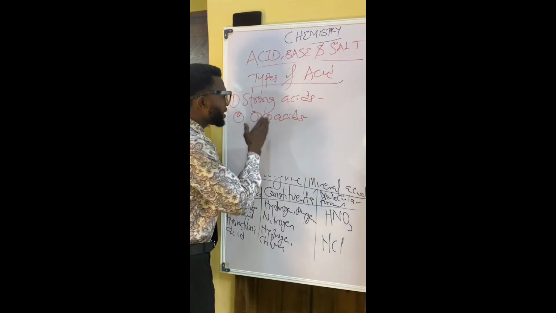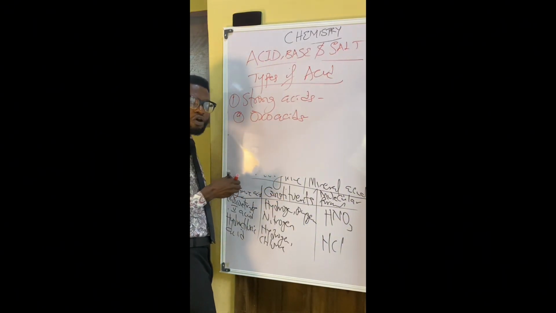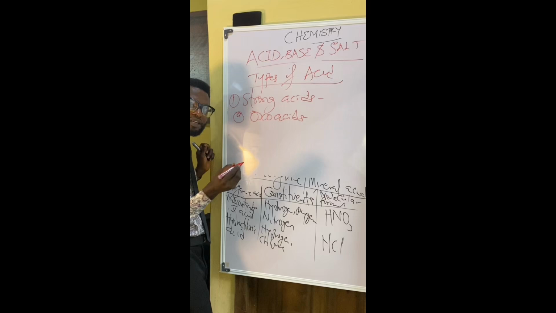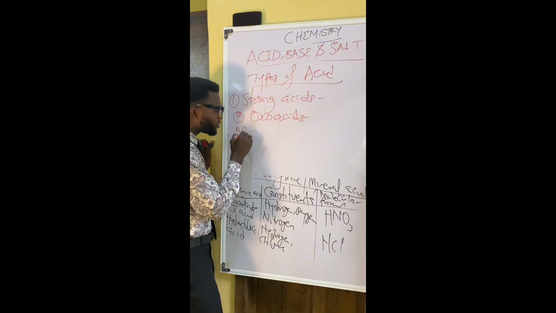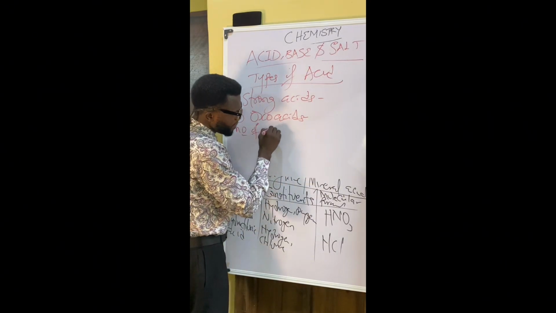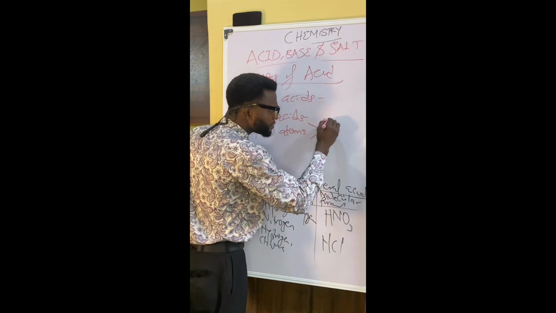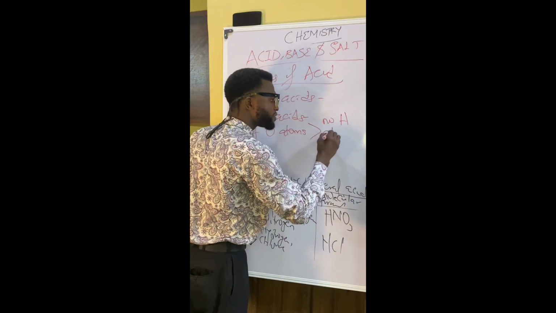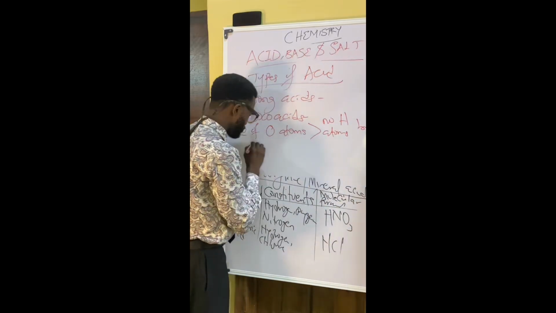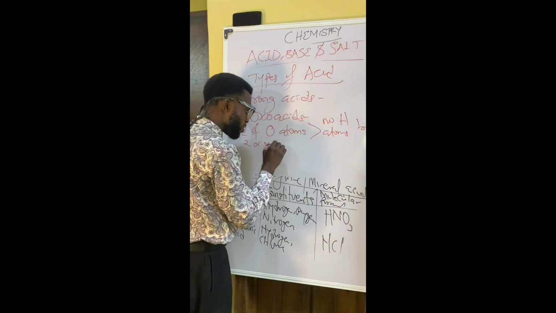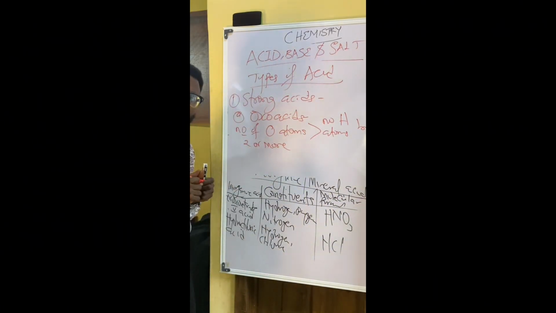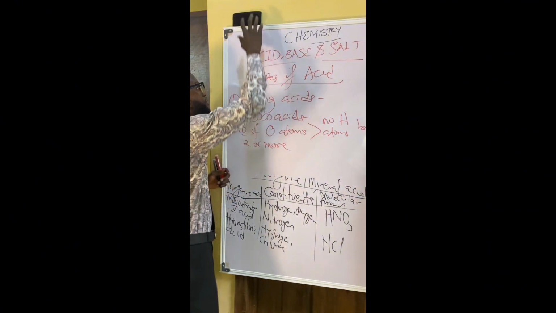Oxo acids. Now, what are examples of strong oxo acids? A very simple formula to know this is: number of O atoms greater than number of H atoms by 2 or more.